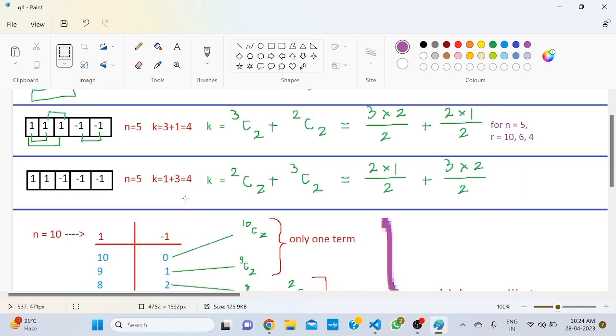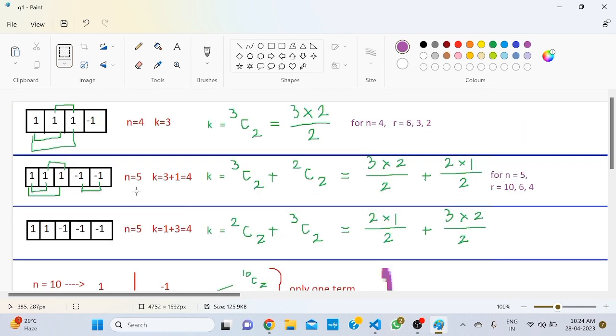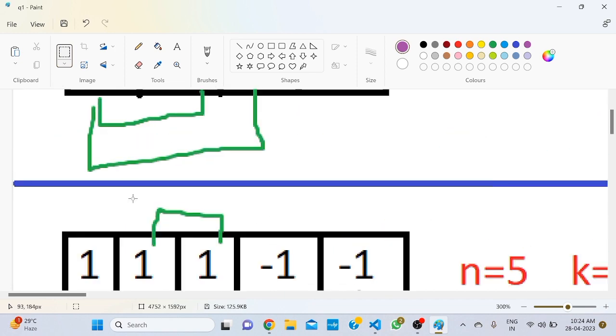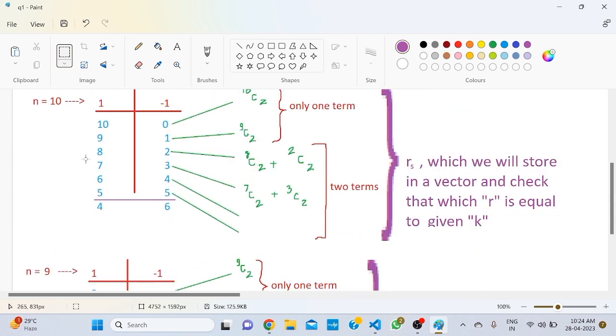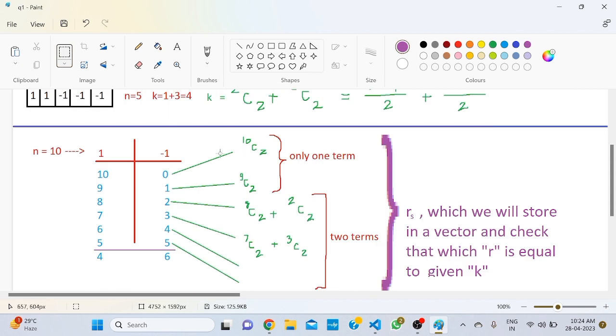So now we can conclude that we are given n equal to something and k equal to something. So how will we make that array? So you can easily observe that, suppose n equal to 10. How will we distribute 1 and minus 1 in the array of length 10?